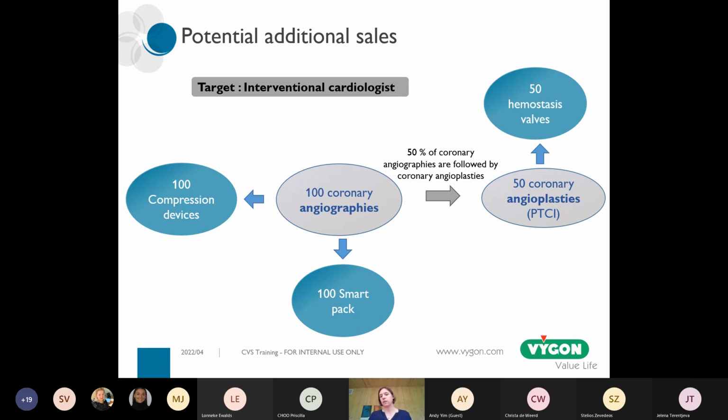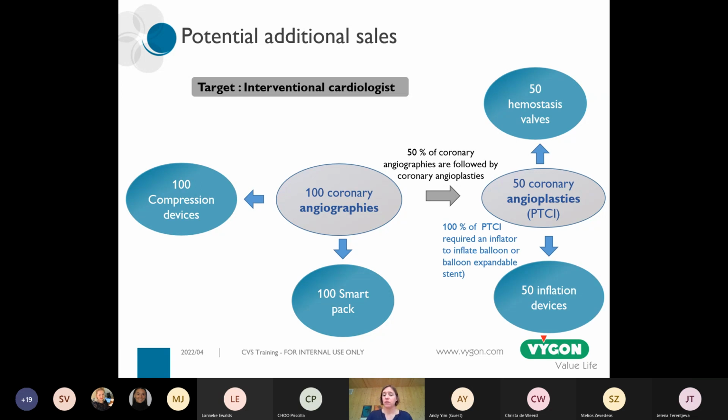We saw that it is used during coronary angioplasty, and you will have 50 inflation devices because for each coronary angioplasty, an inflator is required to inflate a balloon or balloon-expandable stent.